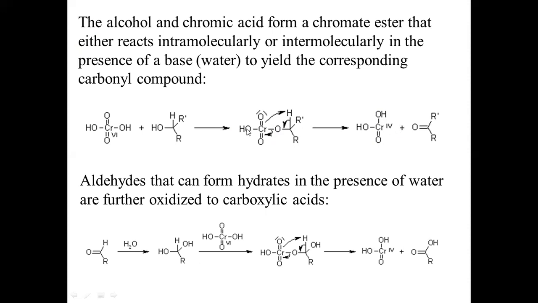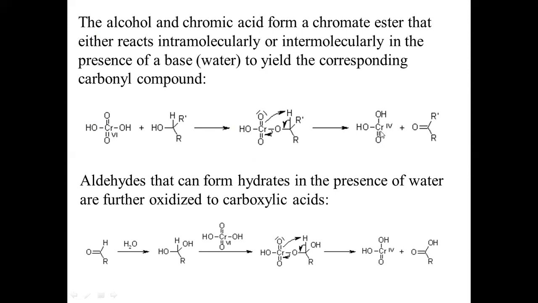Here in this case chromium is in +4 oxidation state. Now if you observe the alcohol, it is converted into a carbonyl compound, that is aldehyde. Since this is a secondary alcohol, it is converted into a ketone. Now, the chromic acid which we have taken previously, which is generated in situ, is acting like an oxidizing agent.